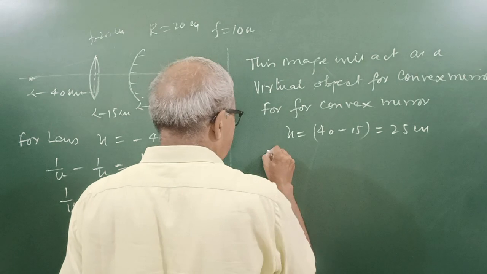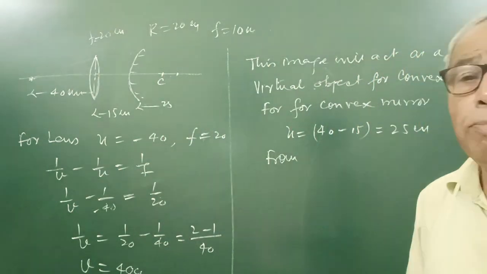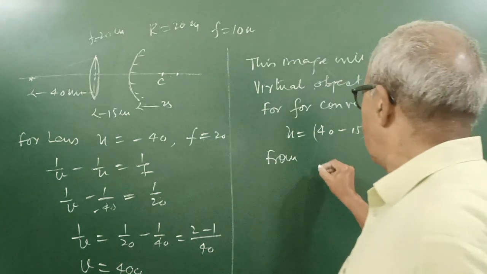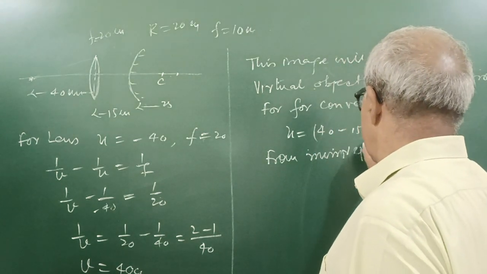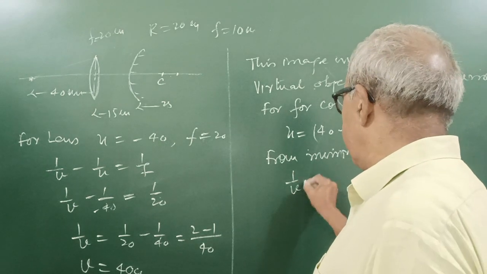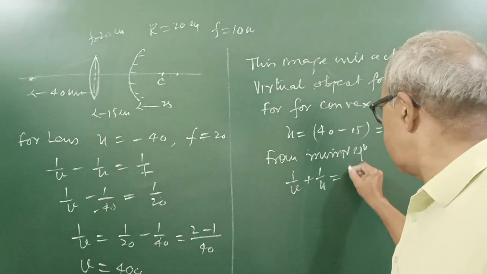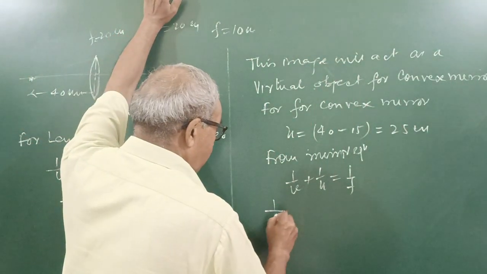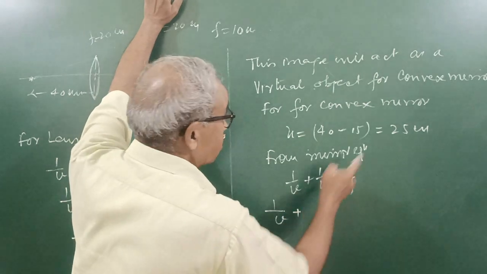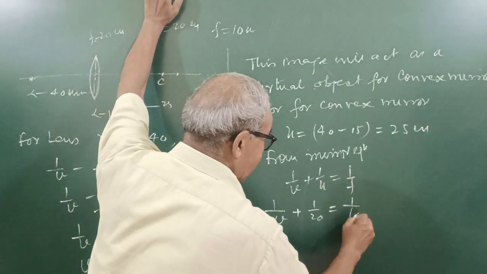So from the mirror equation, 1/v plus 1/u is equal to 1/f, and hence 1/v plus 1/25 is equal to 1/10.